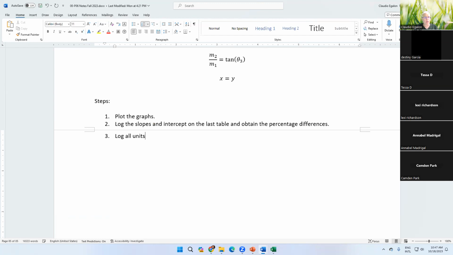Plug in all units. 3. Display the proper number of sig figs, right?